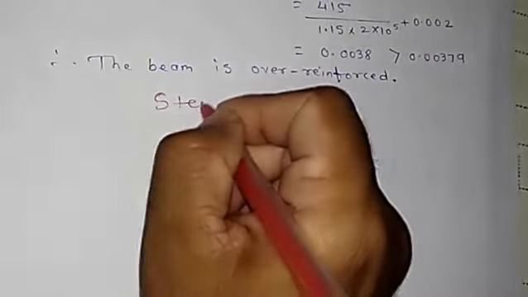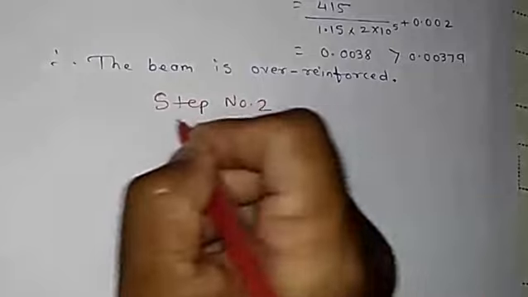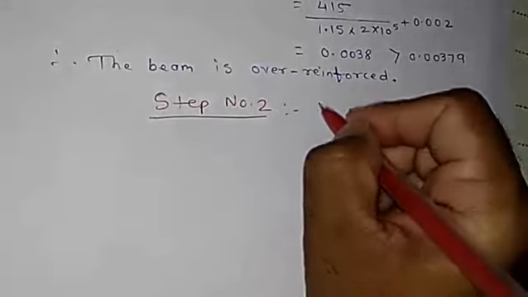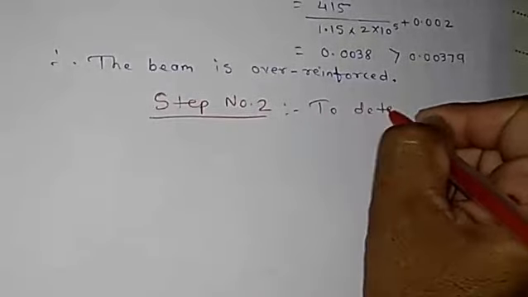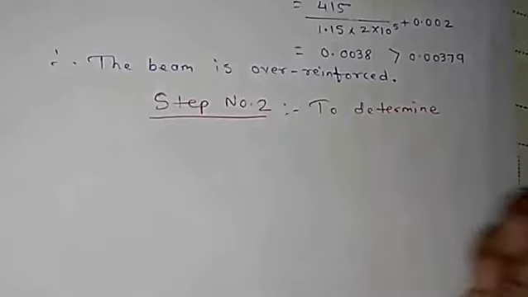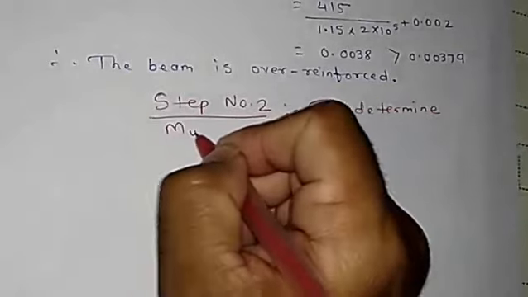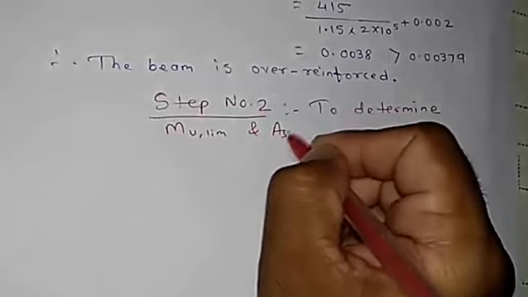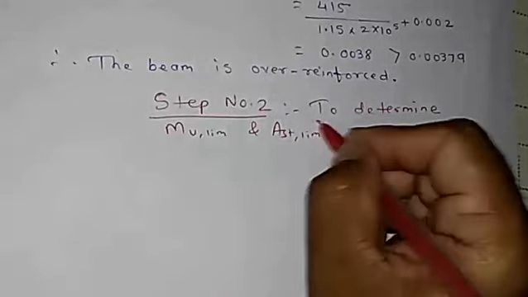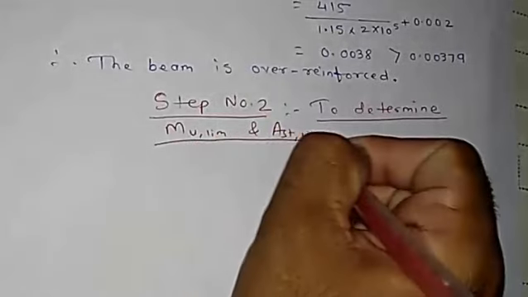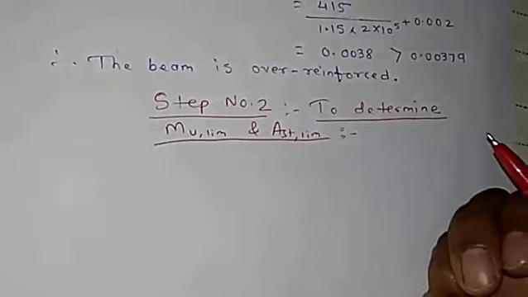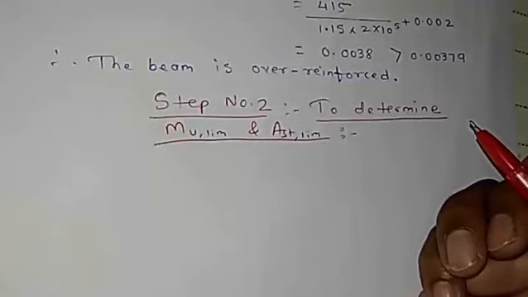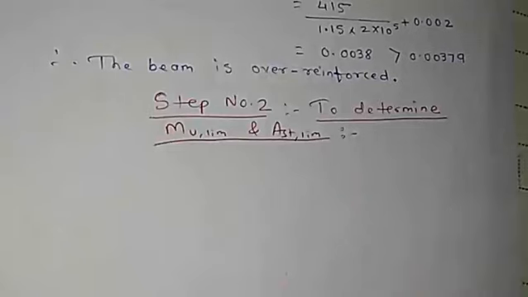Step number 2 is to determine Mu limiting and Ast limiting. So we need to use the equation.